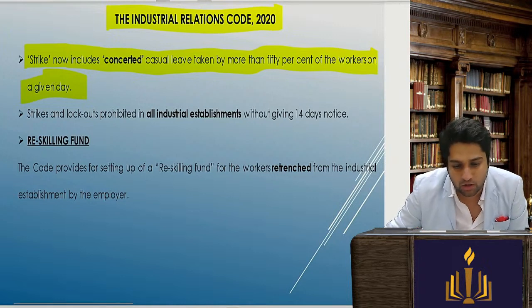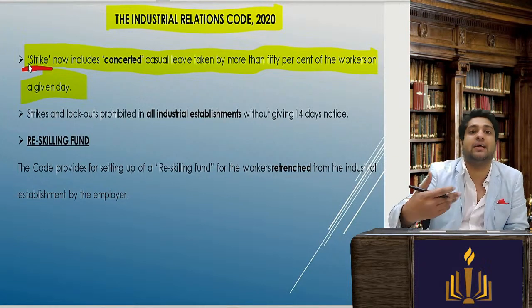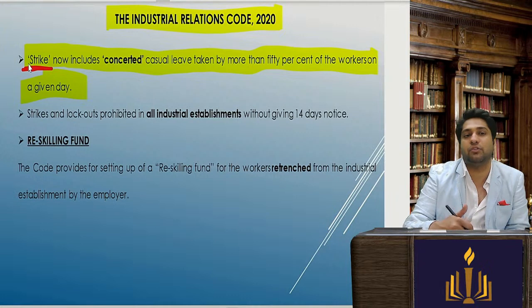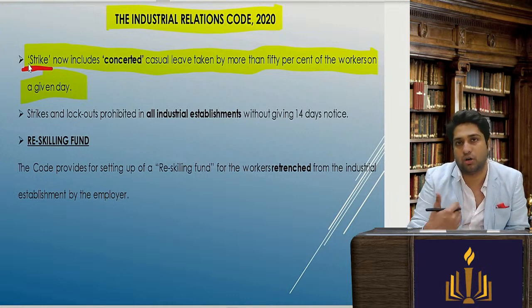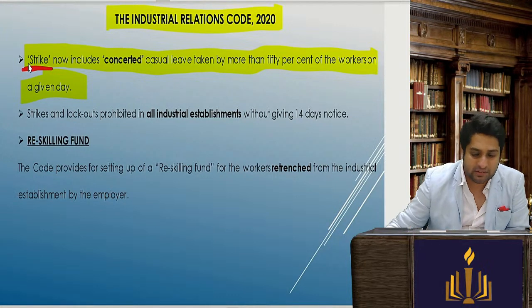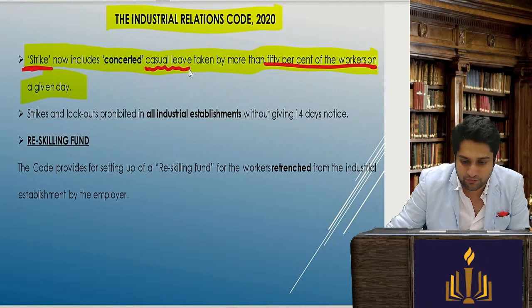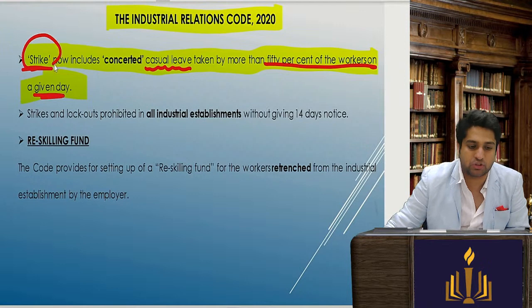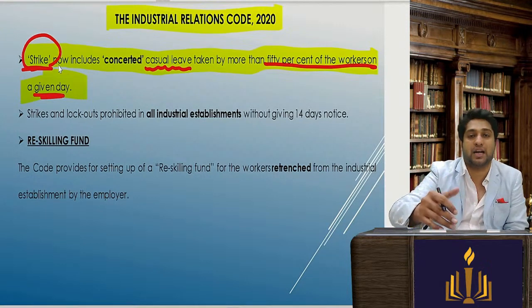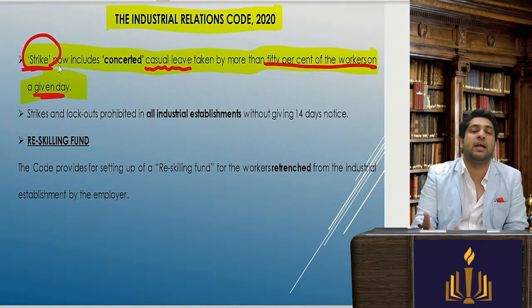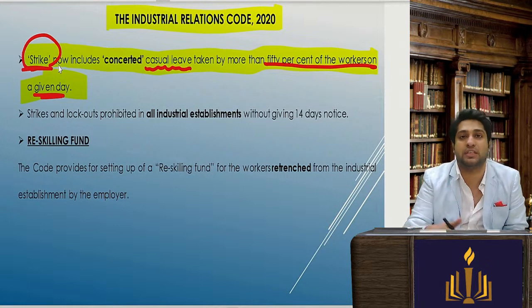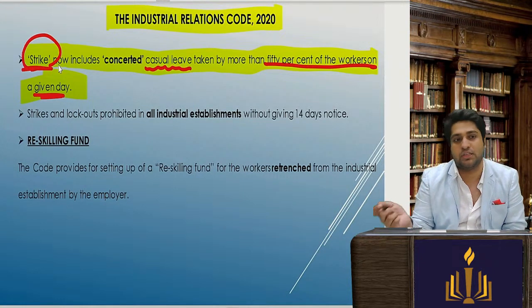Now, one hidden way of objection is when 50% or more workmen are taking leave on a day; that is also shown as a strike. 50% of the workforce cannot get unwell at the same time. So that is also covered.